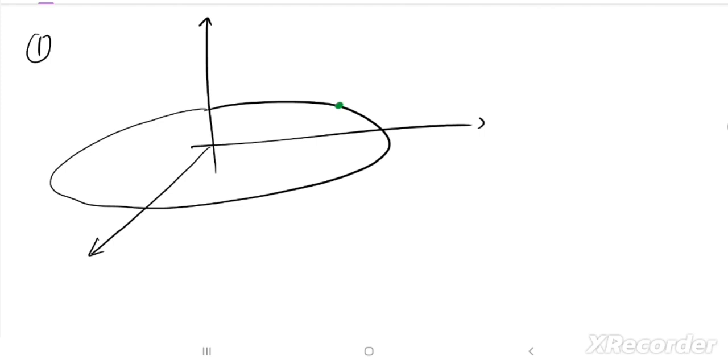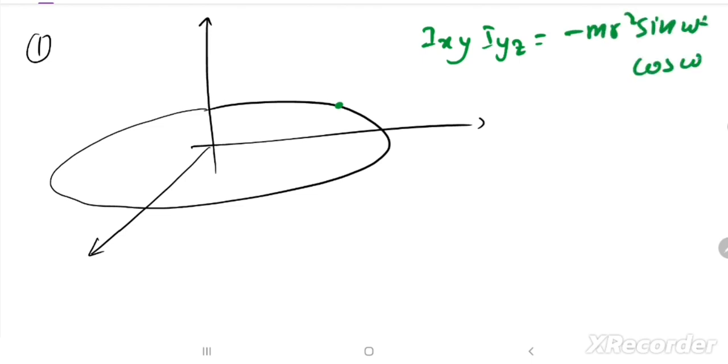In this case, Ixy is equal to minus m r square sin omega t cos omega t, where omega t is the angle rotated by it, and here r is the radial distance. This is x, this is y, and this is z.